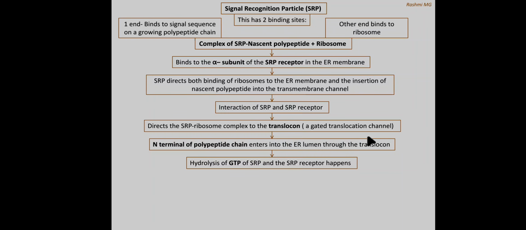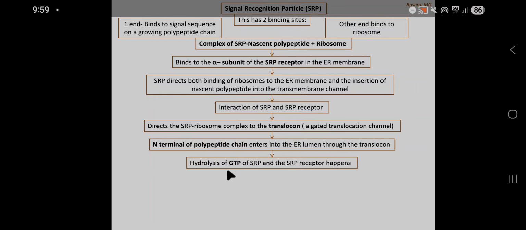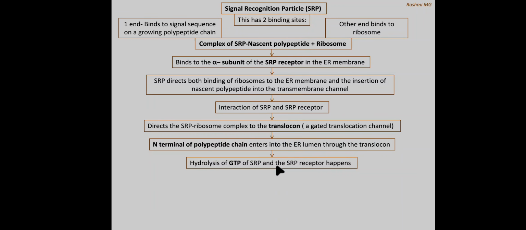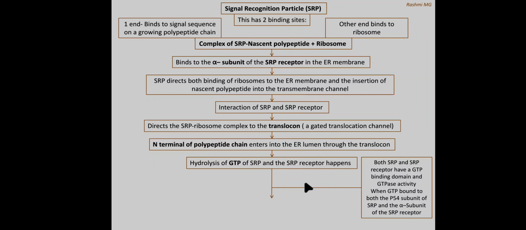What happens next when it enters? Then hydrolysis of GTP of SRP and SRP receptor happens. Hydrolysis of what? GTP of SRP and SRP receptor. Once the hydrolysis of GTP happens, the interaction between SRP and SRP receptor ends.